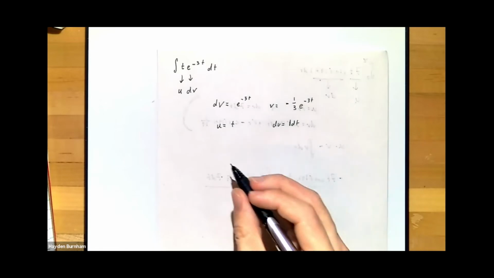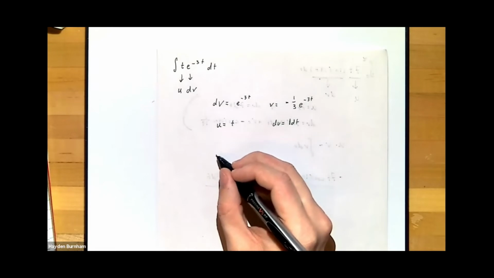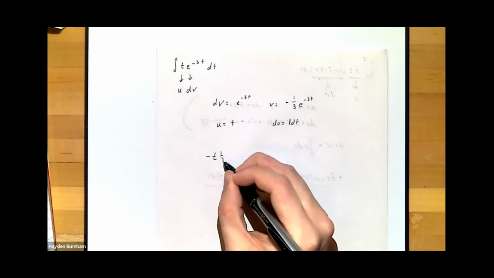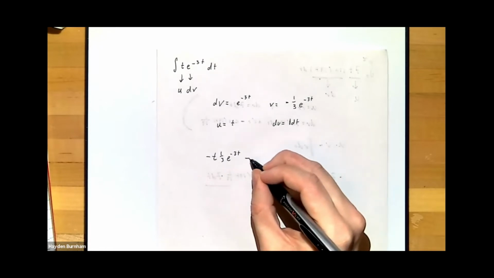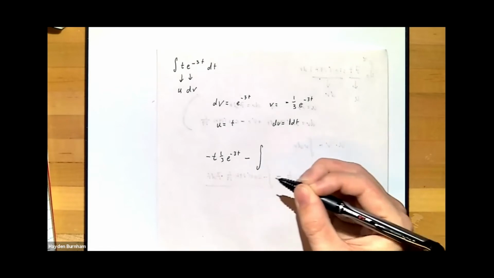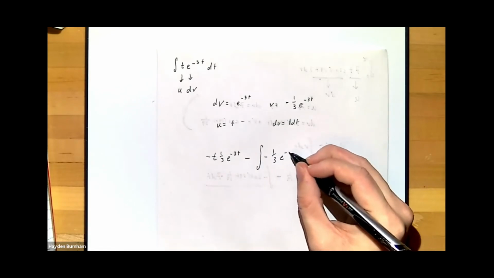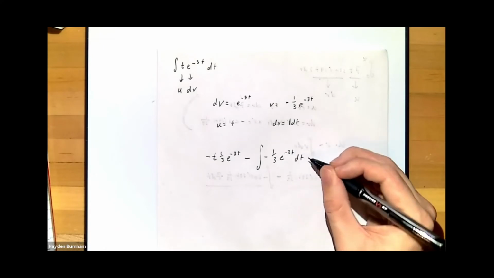So now plugging this in, we're going to have our u times v, so that's t times negative 1/3 e to the negative 3t, minus the integral of v, negative 1/3 e to the negative 3t dt times du.